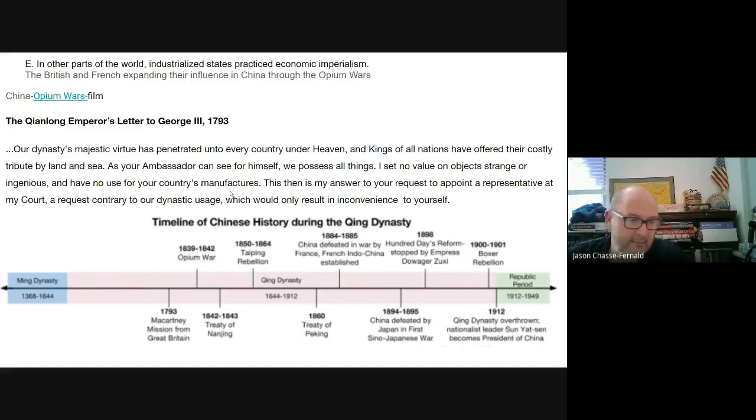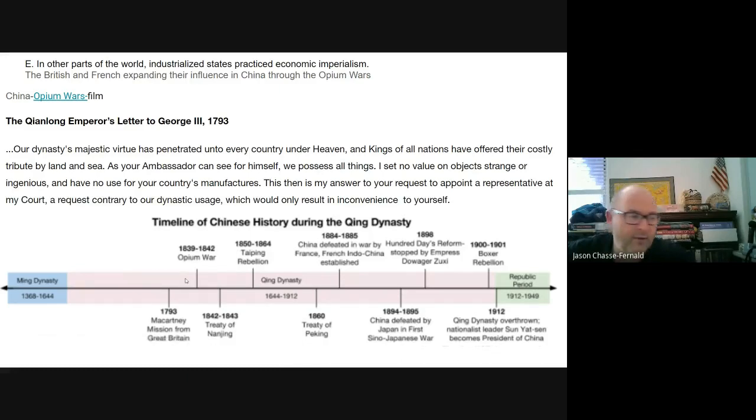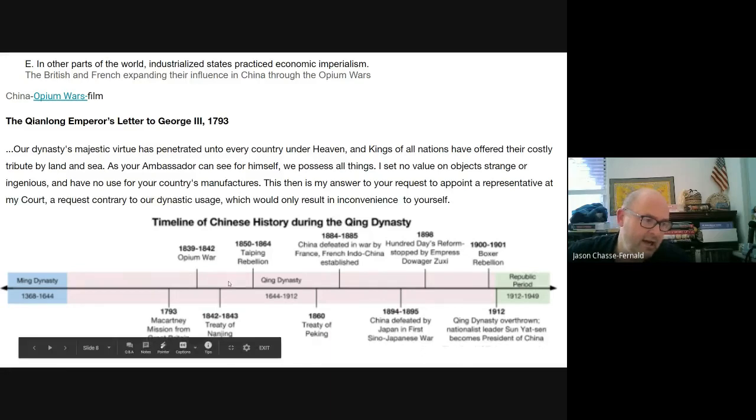Then tea can be exported back to Europe. We're seeing that process take place during this chunk of time. With the smuggling of opium in, by the time we get to the 1830s you've got your opium war. Opium will be banned, and some opium is destroyed. This eventually results in the war being waged, and then the Treaty of Nanjing.